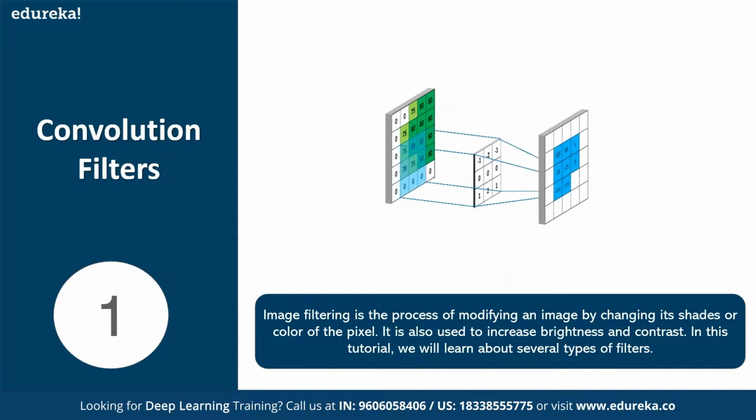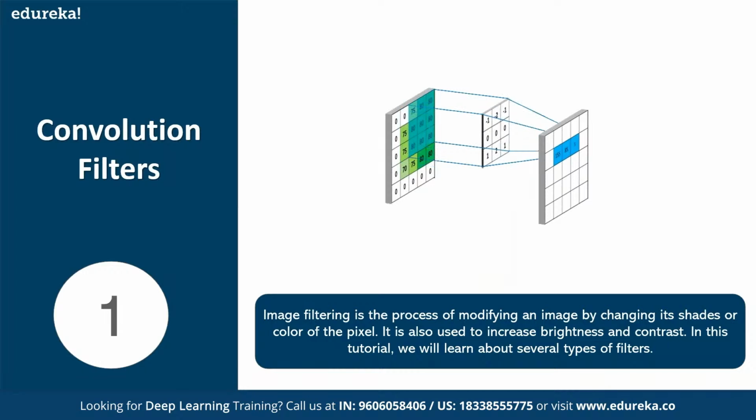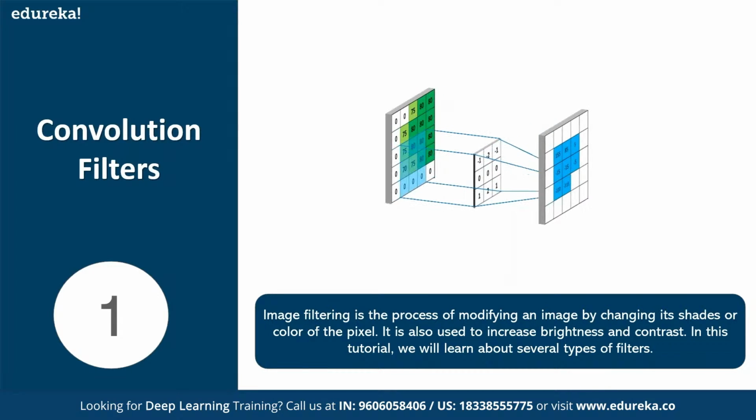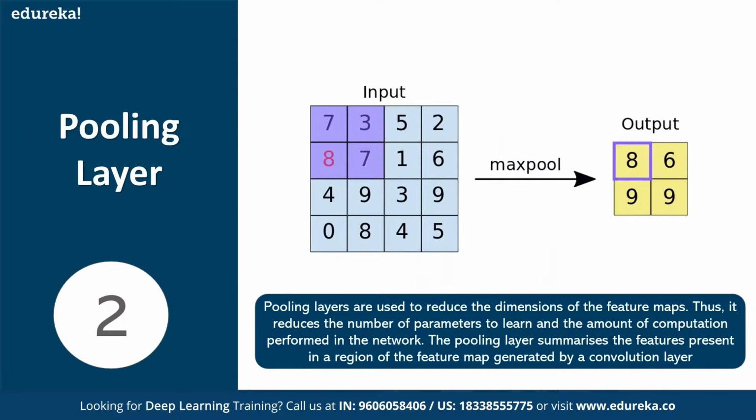Now, apart from the convolution filters, there is one more layer that I'll be using, that's called the pooling layer. This pooling layer will help me to summarize the data. Overall, the application of the pooling layer is to reduce the number of dimensions that we are dealing with.